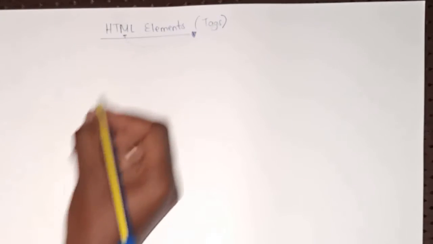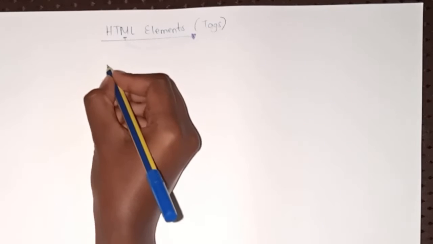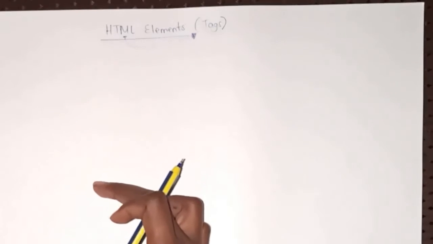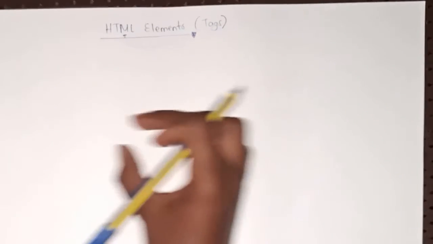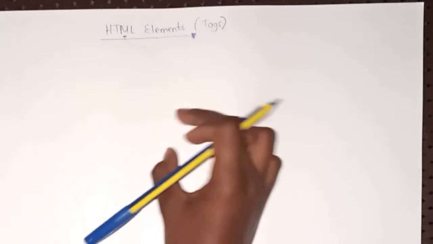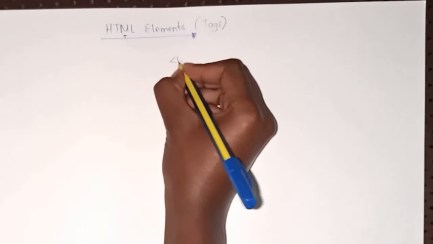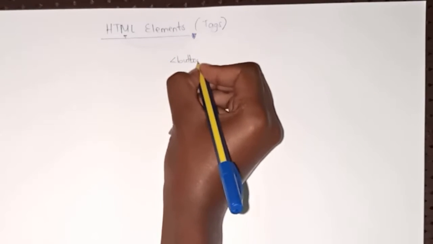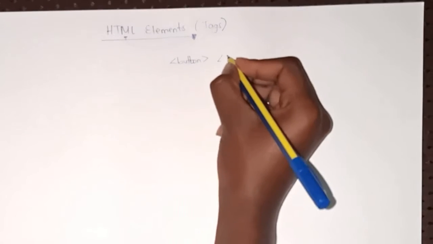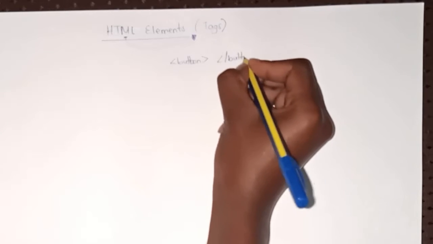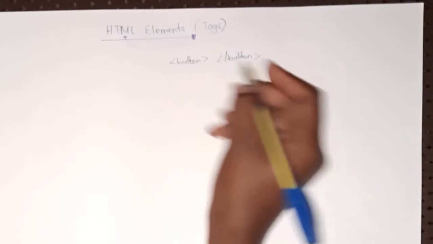Whenever I talk about syntax, I mean how it looks, how the code is arranged, or how something is written. Like, let's say a button syntax. How is it written? That's button, and then you close it that way. So this is the syntax for writing the button element.